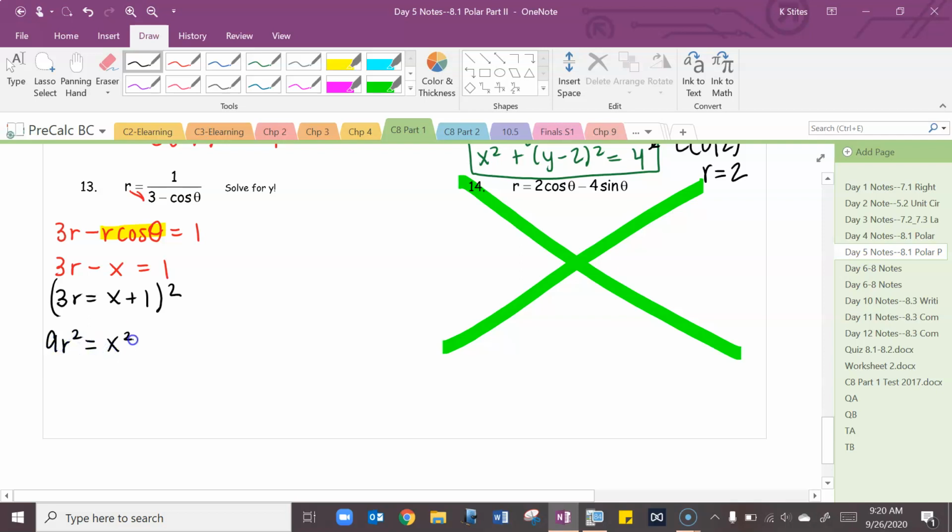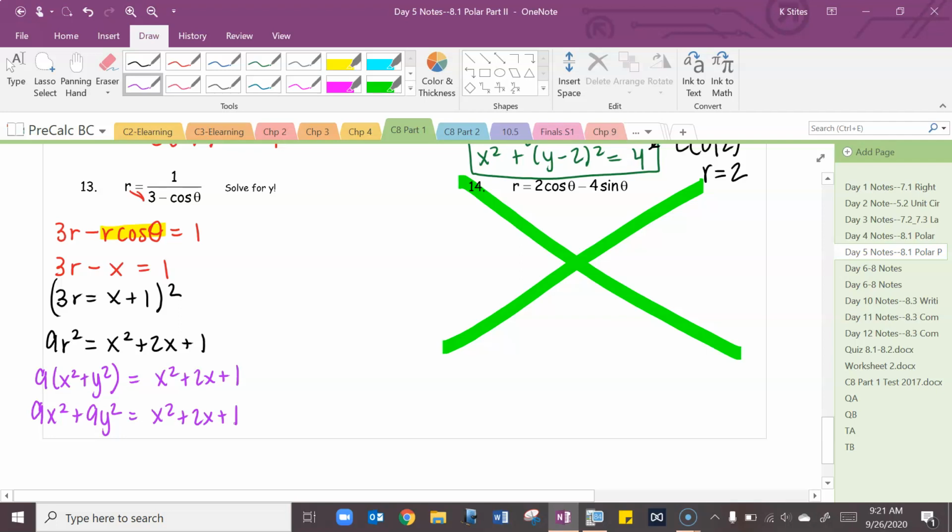And yes, you do get to FOIL. Your r squared can now be written as x squared plus y squared. Be careful, you will need to distribute that 9. That's something people forget frequently.